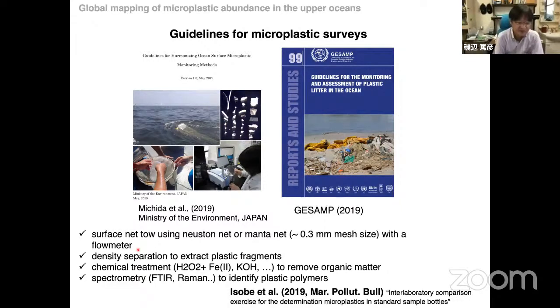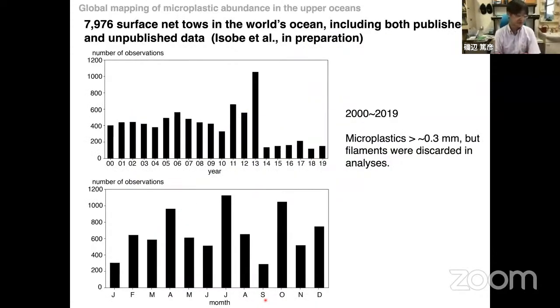And spectrometry, for example FTIR or Raman spectrometer, to identify the plastic polymers. Detailed procedures have also been provided by our recent papers. In strict terms, some work did not use this protocol, but mostly recent work used these procedures.